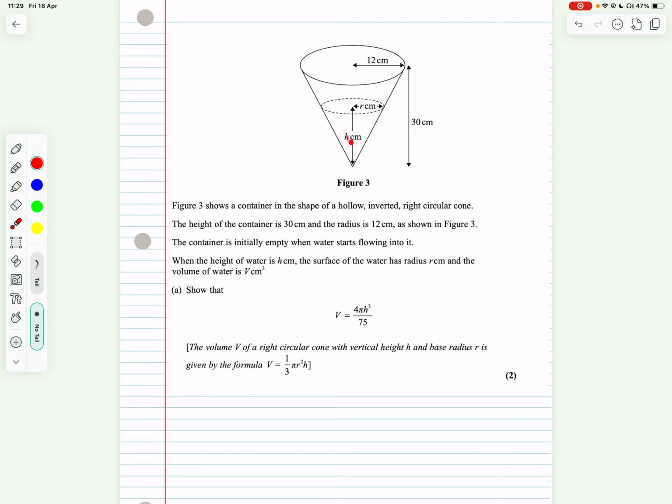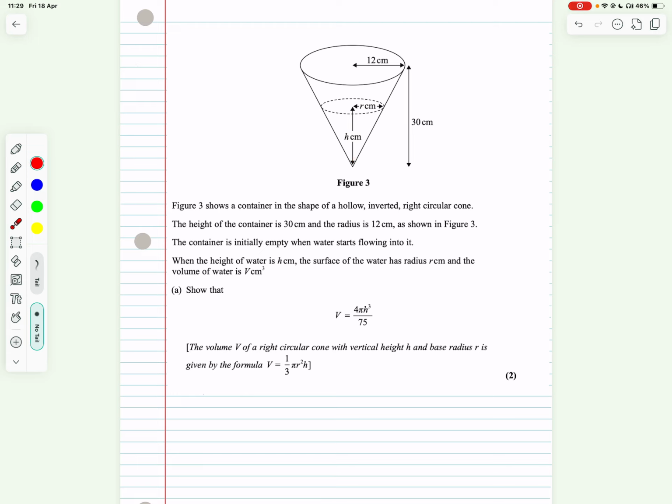It's talking about a small inverted right circular cone down below here, the volume of the water in it. When the water starts flowing into this container, after a while, as time passes, the amount of water inside the container increases.